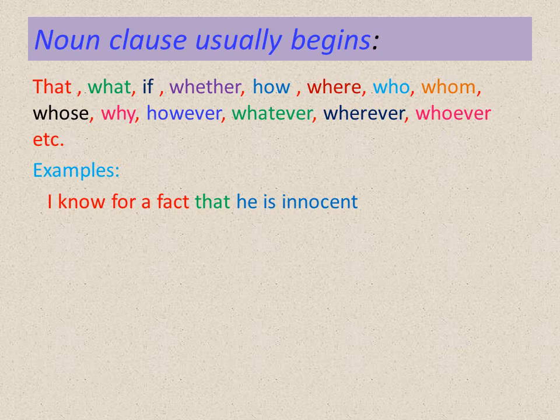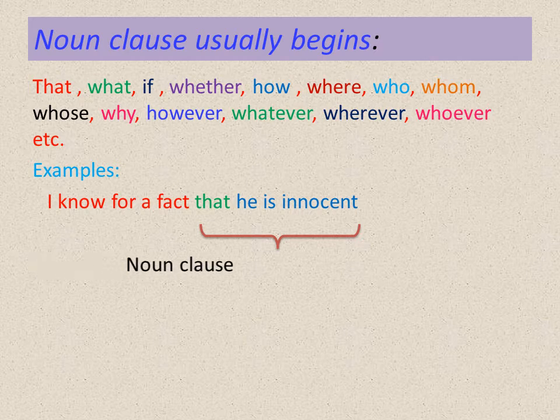It is not giving complete meaning. It is the object of the verb know. This subordinate clause started with the word that, so it is a noun clause. So this is one method.